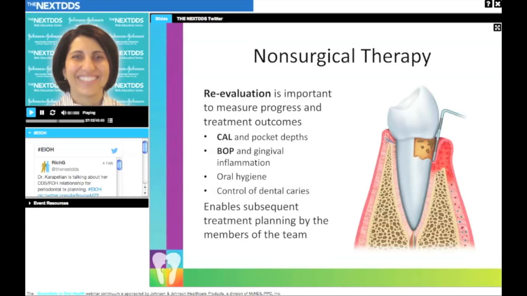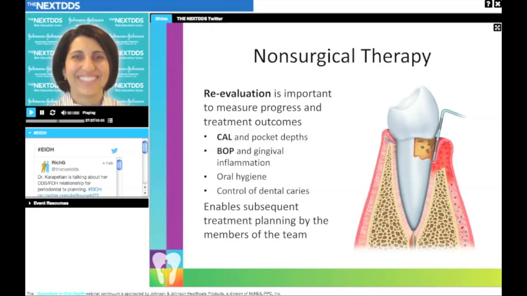Essentially, that reevaluation is a complete regathering of all the information that we gathered at the initial patient visit. The information we had at the initial visit is the baseline data. The information we gather at the 4 to 6 week visit is what we call the most current or the new periodontal information and the periodontal condition of that patient.